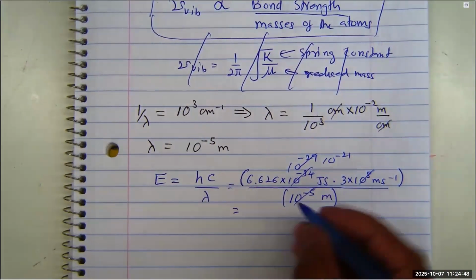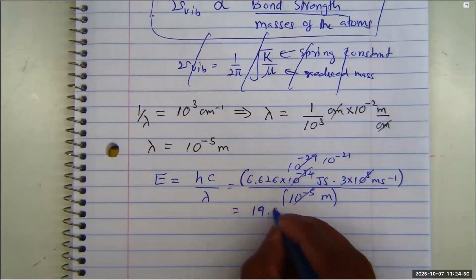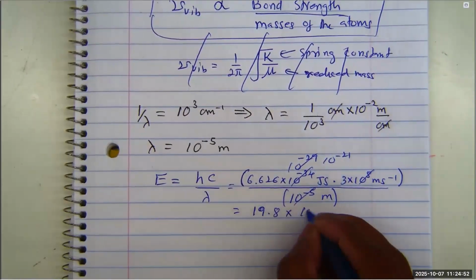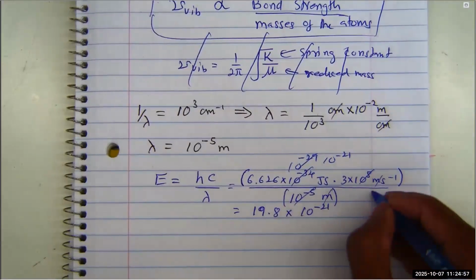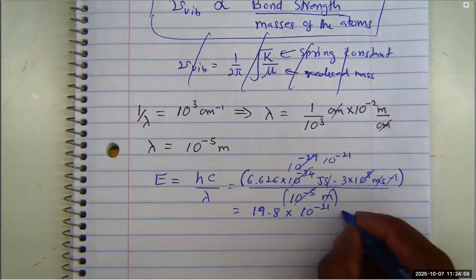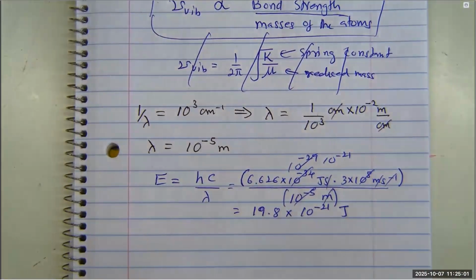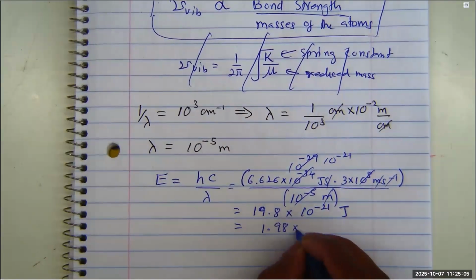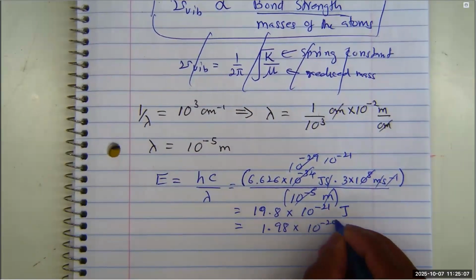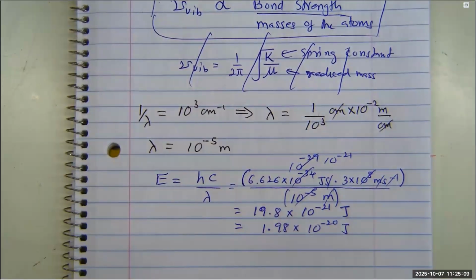So I get 3 times 6.626, which is like 19.8 times 10 to the power of negative 21. And I see that my meters cancel out, seconds cancel out. I'm going to get the answer in joules. This is equal to 1.98 times 10 to the power of negative 20 joules. And that should be the energy of my photon in joules.